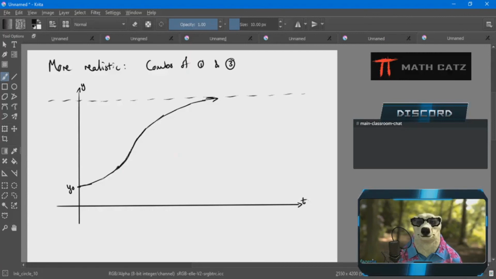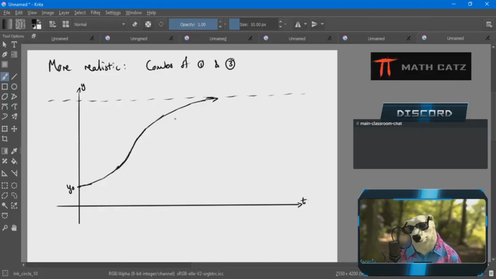So a combination of these two seems to be the most realistic I can get right now. But unfortunately, we can't jump to that right now because it is much more complicated.